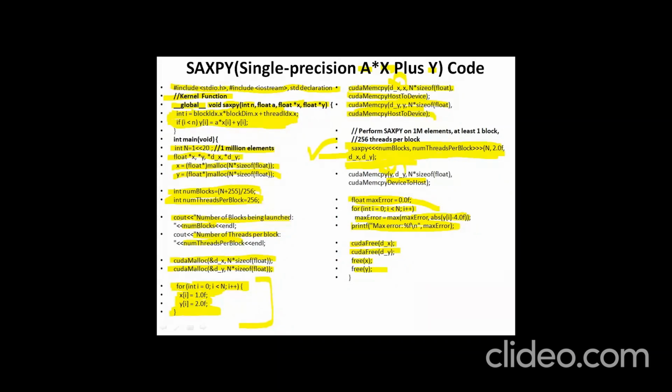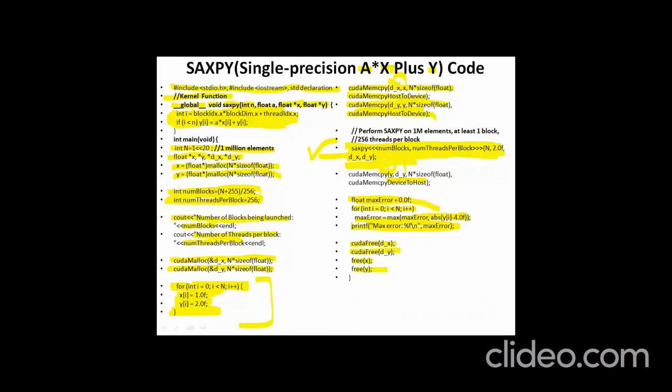Is there any other identifier other than this global? Yes, there is another identifier, __device__. I think that's a keyword of CUDA programming, right? Yeah, the keywords of CUDA programming only.